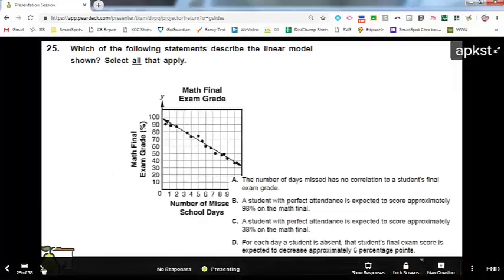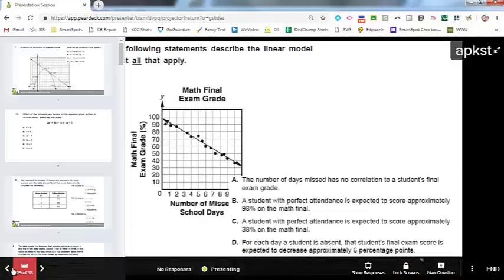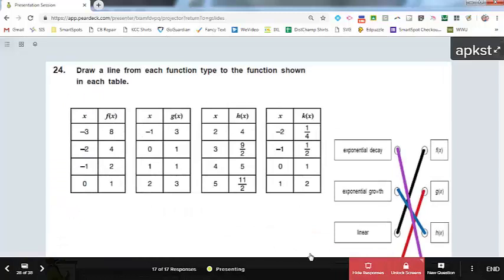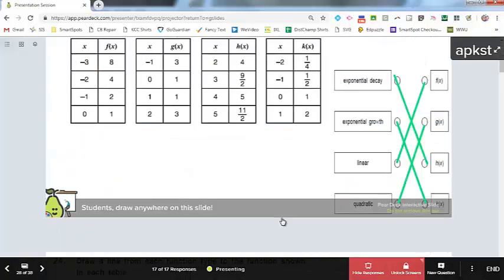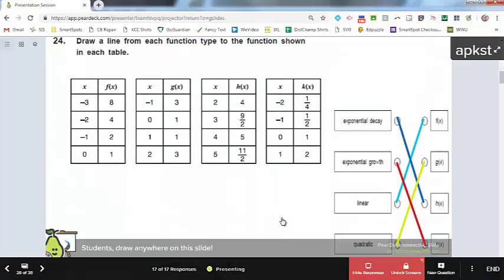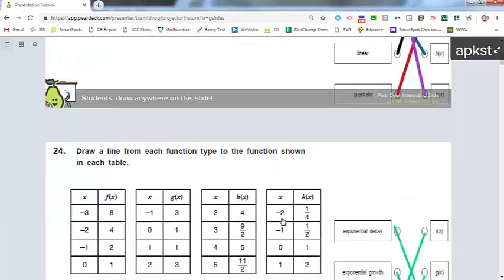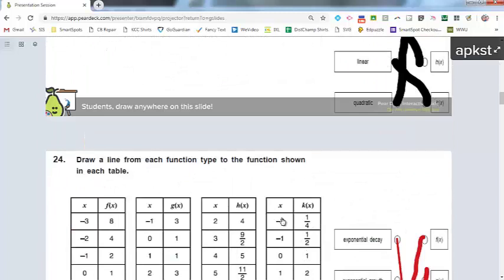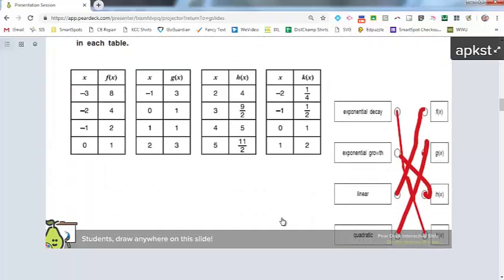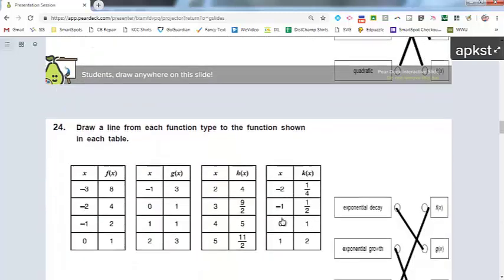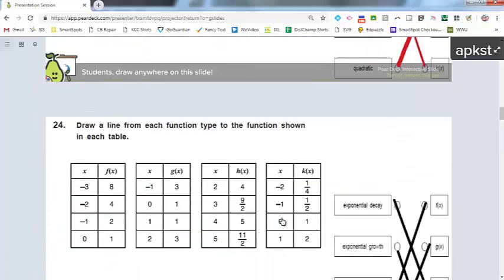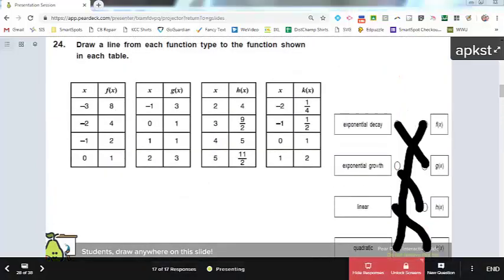All right, let's see. Whoa, I hit the wrong button. Sorry about that. Is that the same? Looks like we have some similarities. So let's take a look at this here.